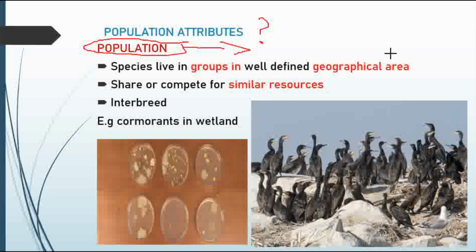In the case of any living being, they live in groups, and in a certain habitat only they survive. So when a species lives in groups in a well defined geographical area, you call it a population.